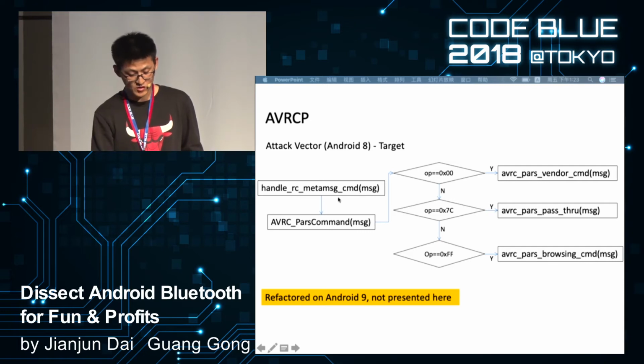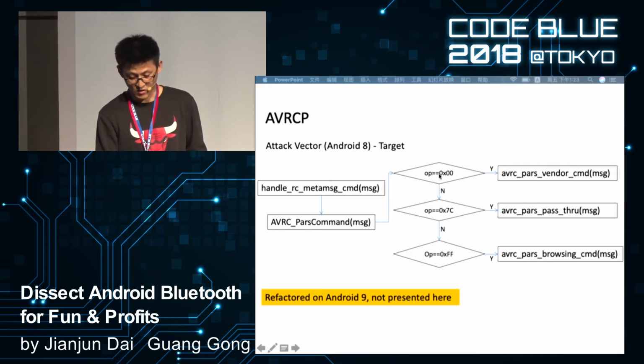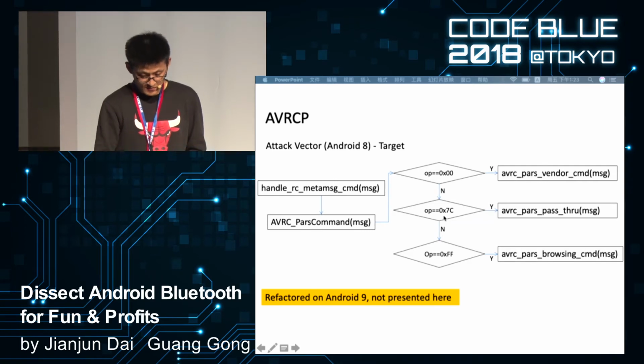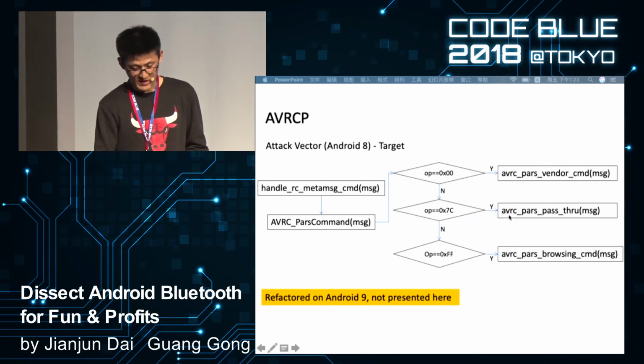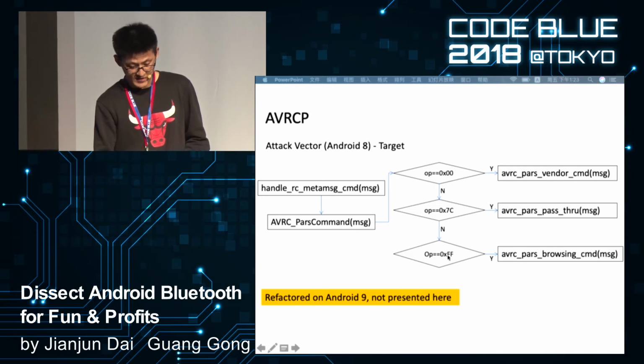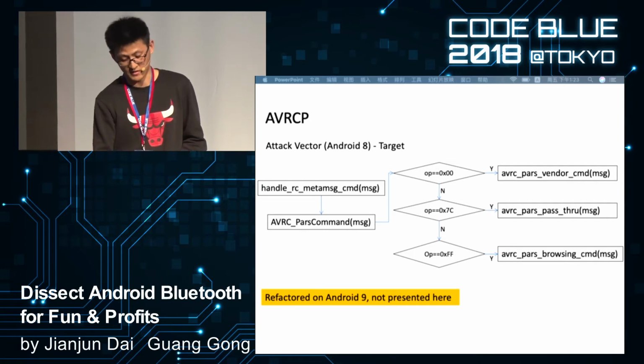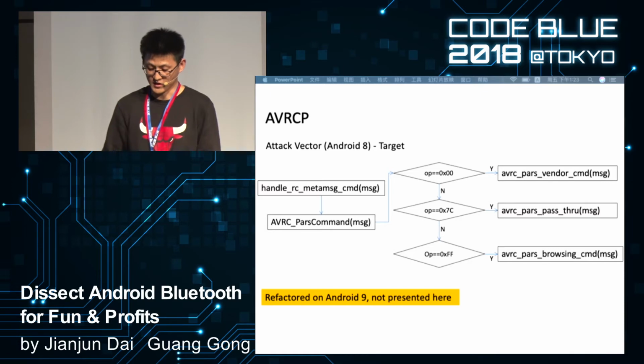Then it passes the message to AVRC parse command, and it will check the opcode. 0x00 passes data to AVRC parse vendor CMD, or 0x7c is sent to AVRC parse pass-through, and then call, or 0xff invokes AVRC parse browsing CMD. The data processing flow is possibly like this.